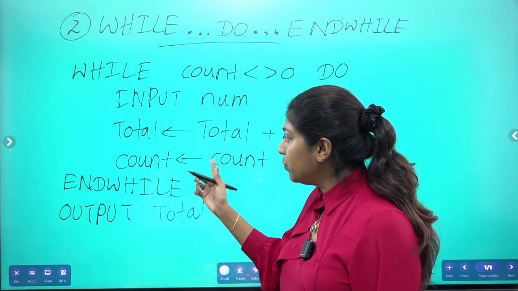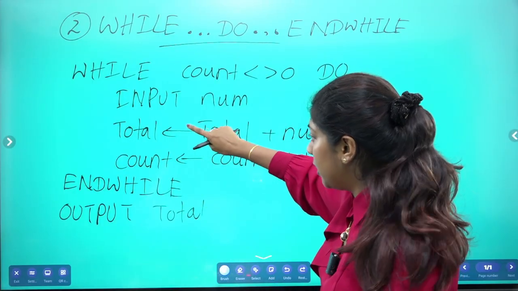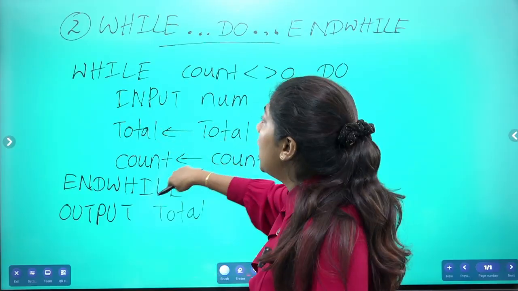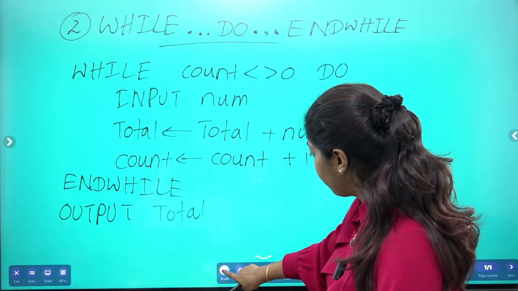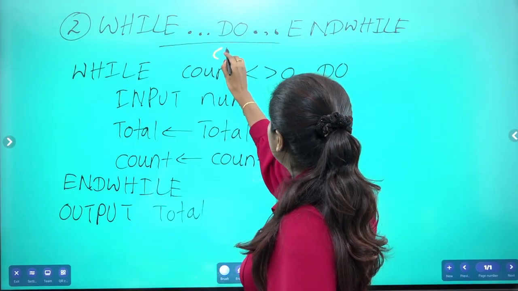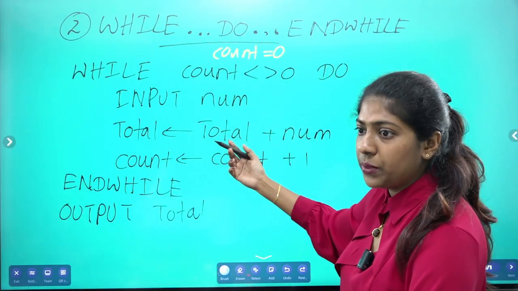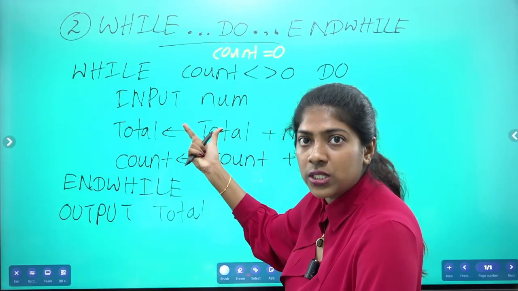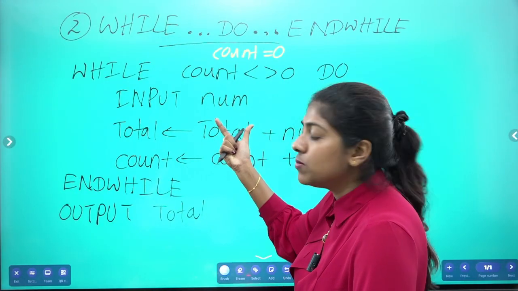Okay, and then once all the iterations are done, let's go again here. Now let's say count equals 0. The count's value which is coming here is equal to 0, which means this condition becomes false. Got it? This condition becomes false.